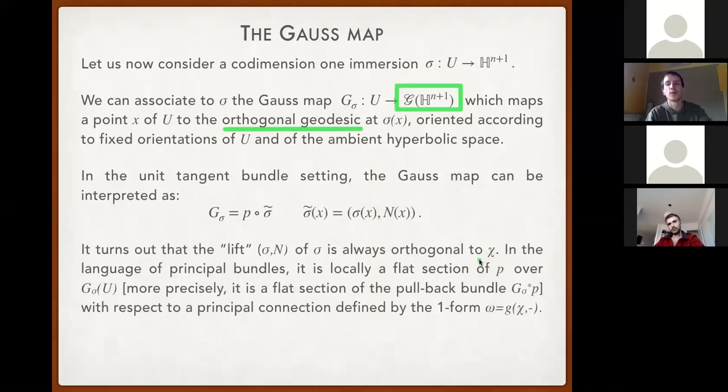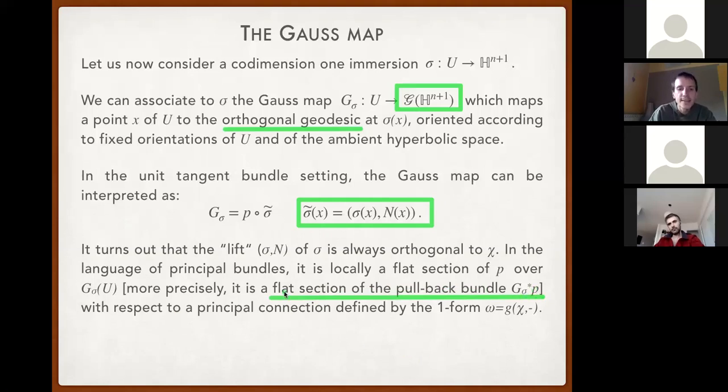And now if we try to reformulate this fact in the language of principal bundles, this means that this lift sigma twiddle gives us a flat section of pi over the image of G sigma, or more properly, a flat section of the pullback bundle of P by G sigma.